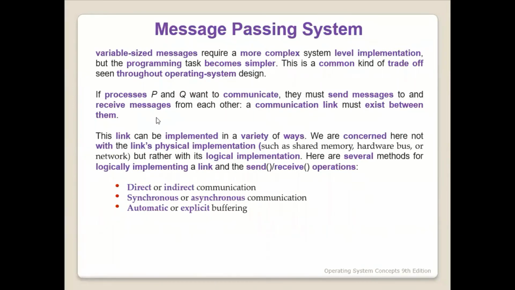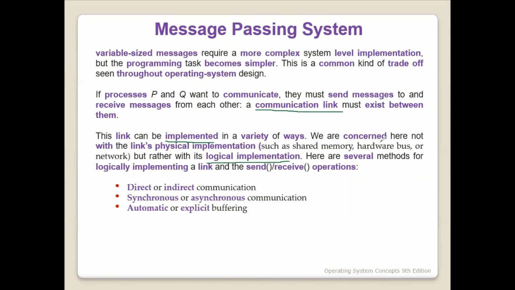We were discussing the two processes. If processes P and Q want to communicate, we need to have a communication link between them. So how are we going to have this communication link? The link can be implemented in many ways. Here we are not going to bother about the physical implementation, but we are going to concentrate on the logical implementation of the link.